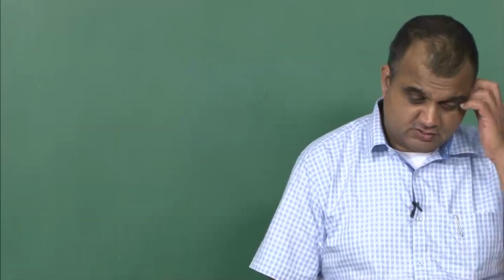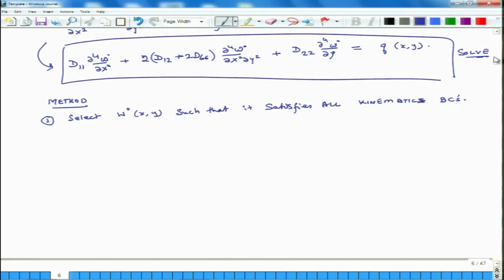So, this is the first step. So, let us guess this. So, we will say that w(x,y) is equal to, let us say, w11 times 1 minus cosine pi x over a times 1 minus cosine pi y over b.